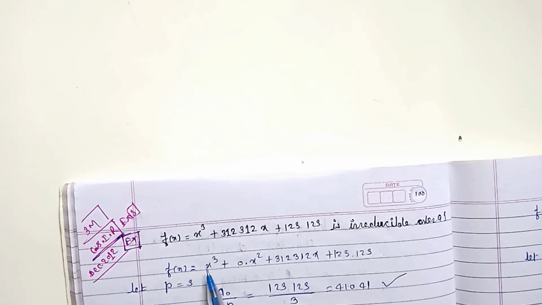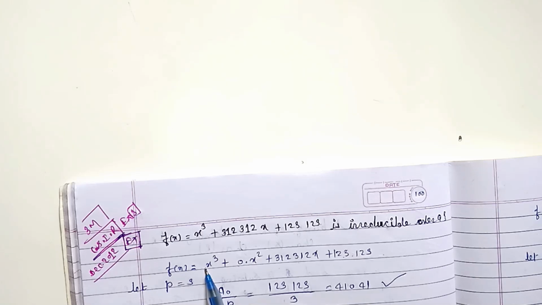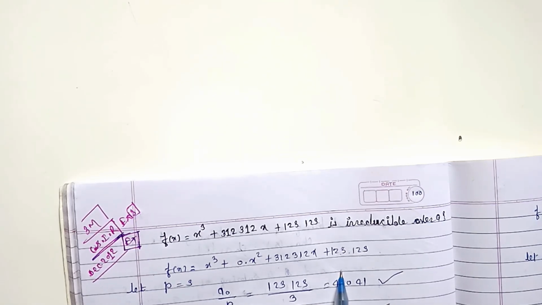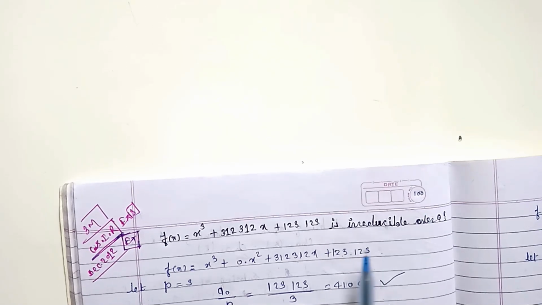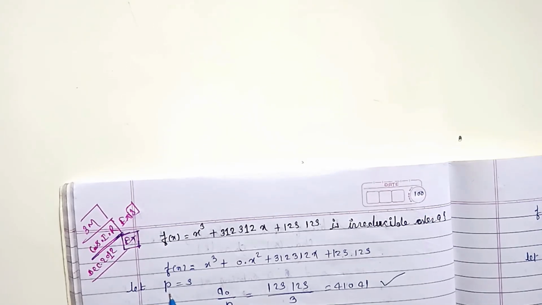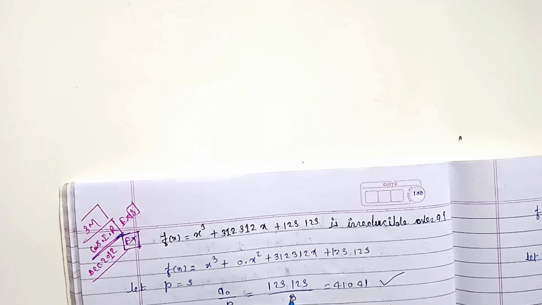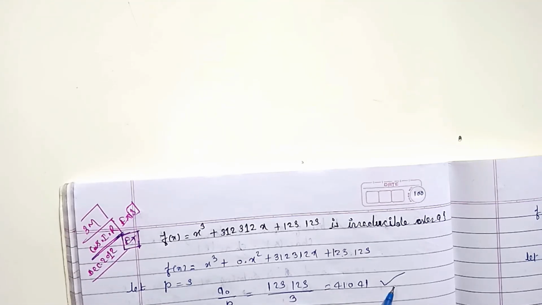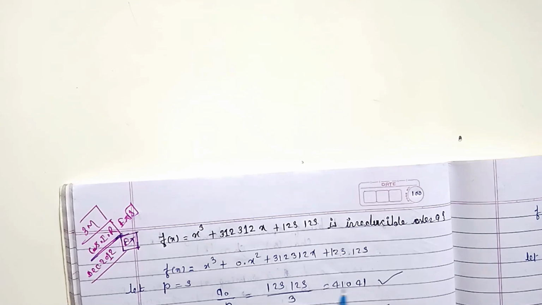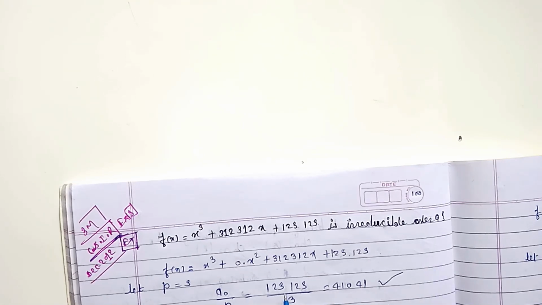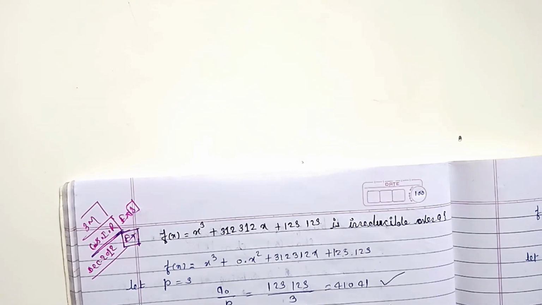So we take it from this direction. Take the first element, 123, and find the prime number p. I selected the prime number p as 3. So a0, 123, divided by 3 gives 41. It is an easy division that you can find easily.